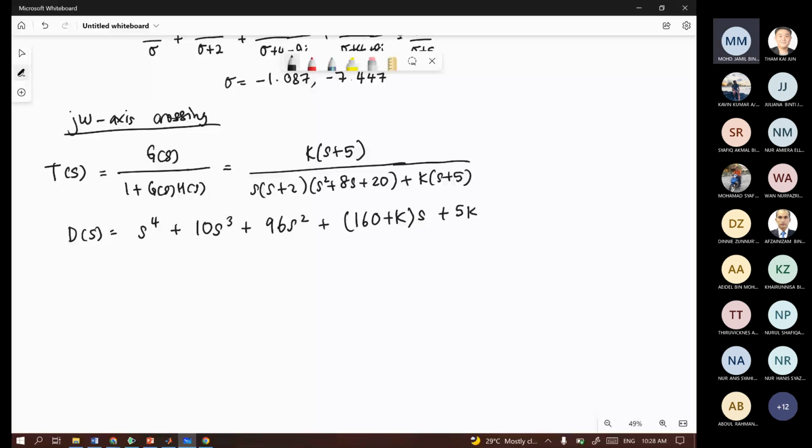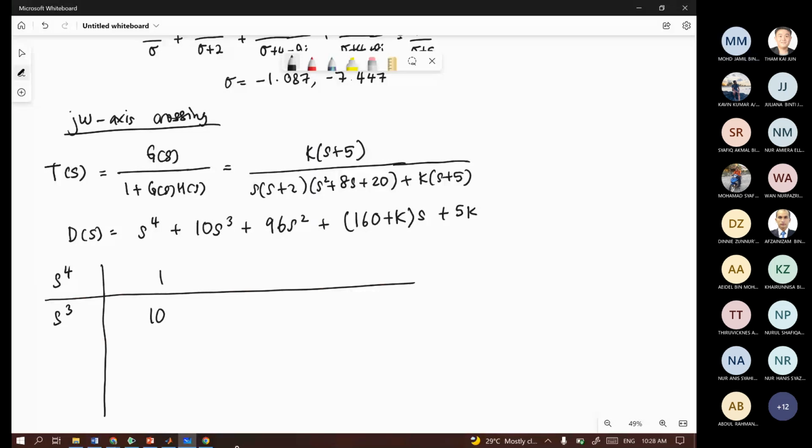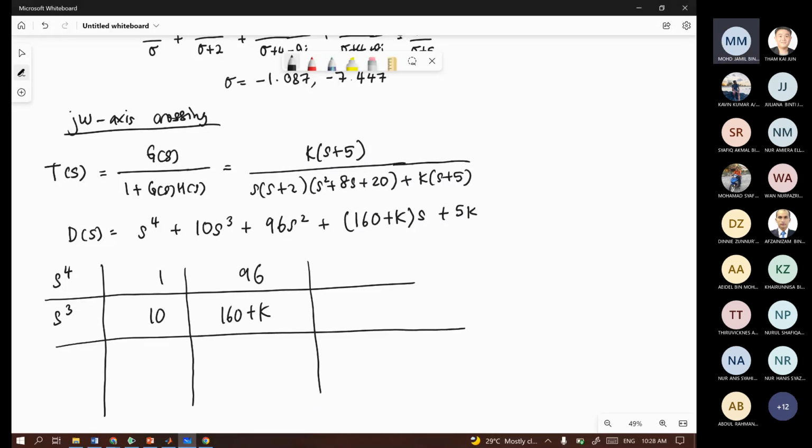Then you can generate the Routh table. So we get 1, 10, 96, and 160 plus K. Then 5K, 0.